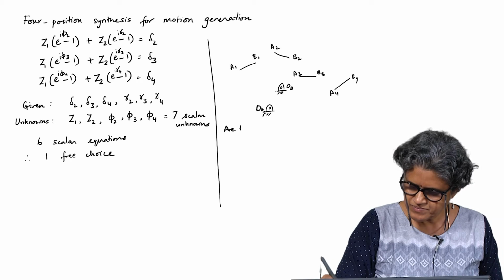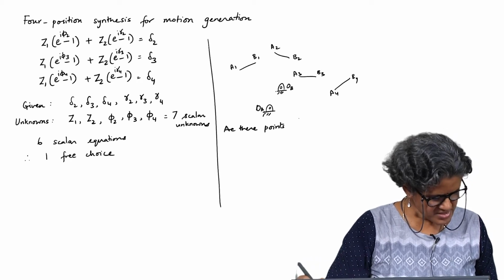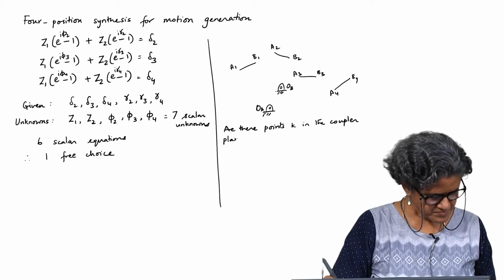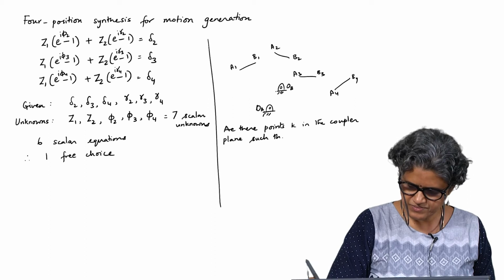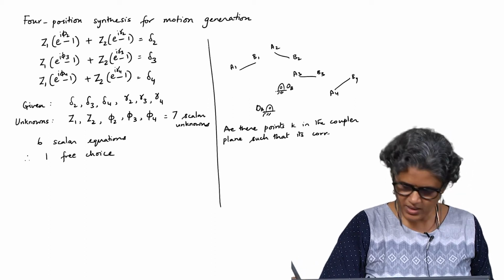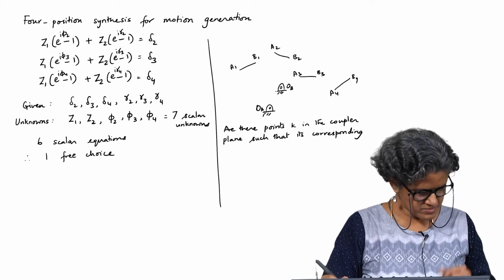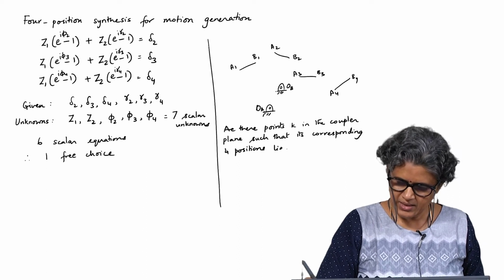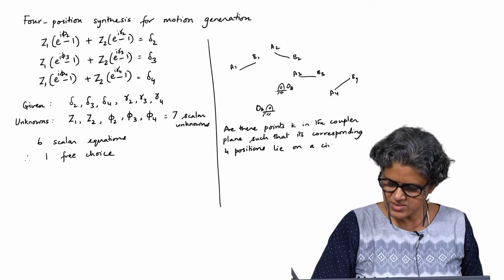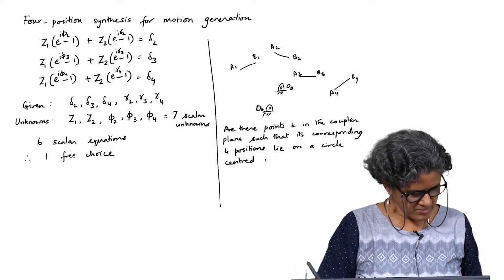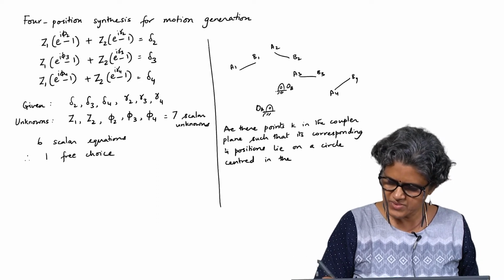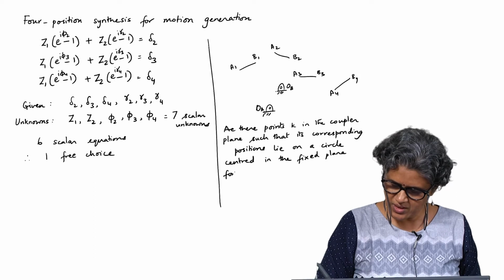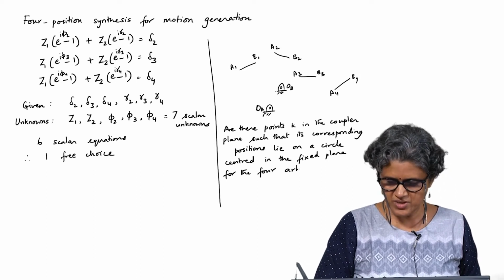Are there points K in the coupler plane such that its corresponding four positions lie on a circle centered in the fixed plane for the 4 arbitrary positions of the coupler.